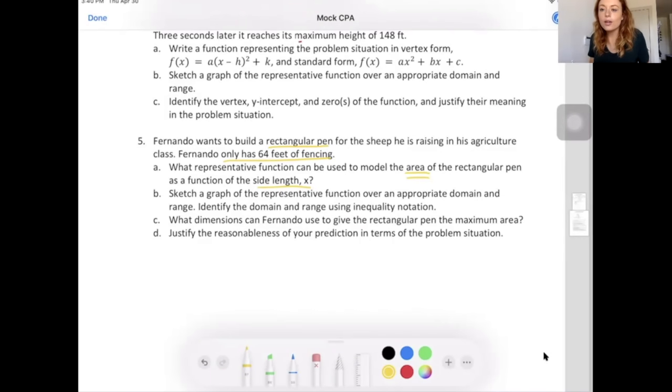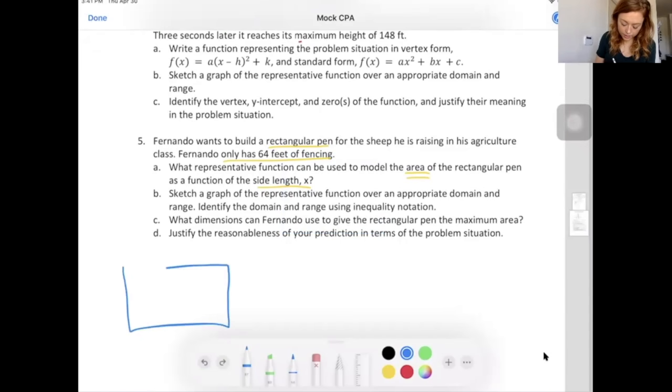All right, so here's the thing on this one. It's a rectangular pen, so all the way around that pen, he can only have 64 feet of fencing. So they actually gave us our perimeter, but asked us about our area.